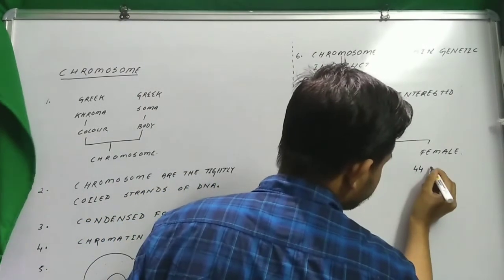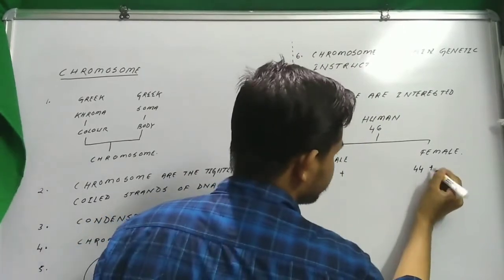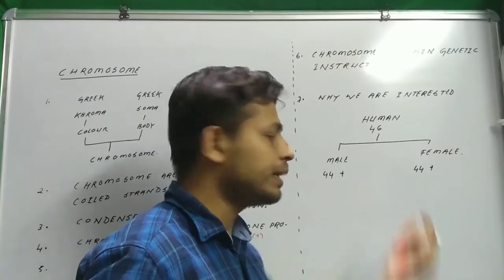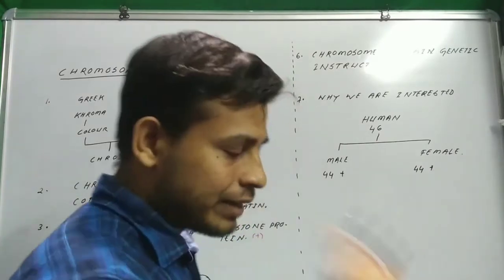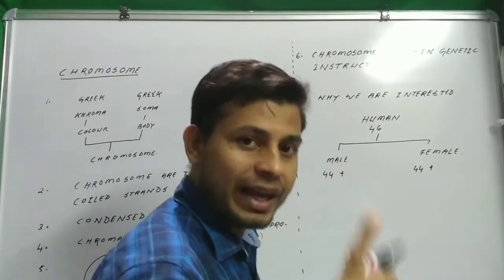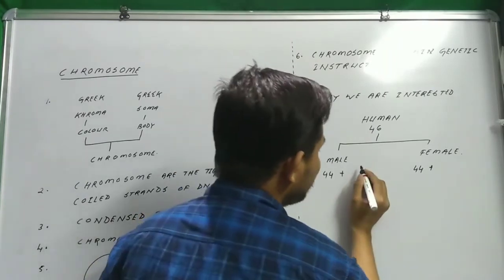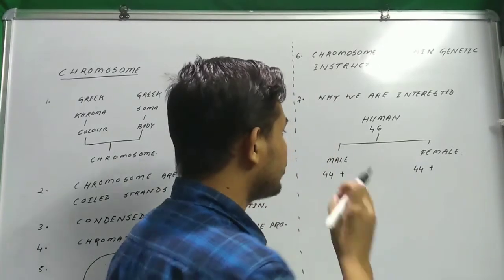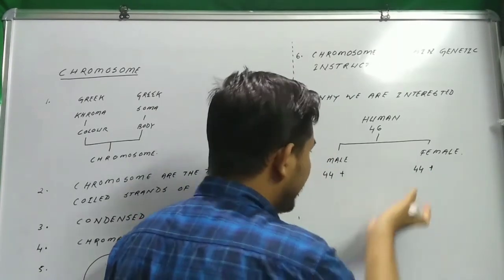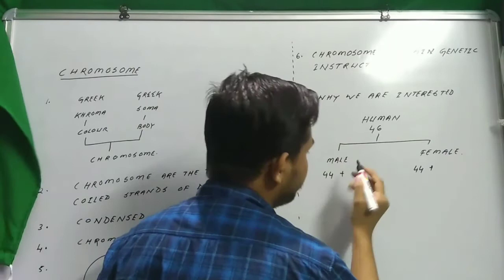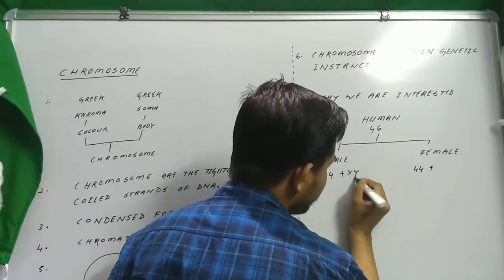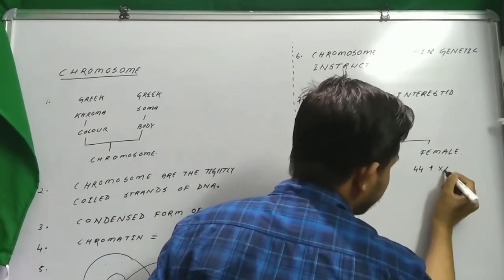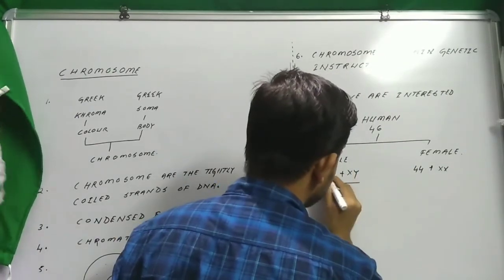They are known as autosomes. But the remaining one pair is known as the sex chromosomes. This sex chromosome is different in male and female. The sex chromosome of the male is XY, whereas in the female it is XX.